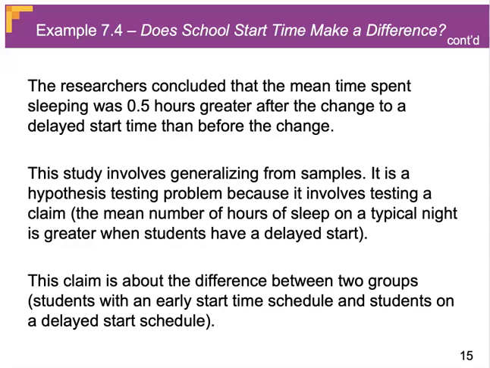We think that the mean number of hours of sleep on a typical night is going to increase when you have a delayed start. This is also a claim about the difference between two groups. You're comparing the group before the start time change and after the start time change. Ultimately, we've made some claim that it's going to make a difference, and we see if our data supports a significant change.